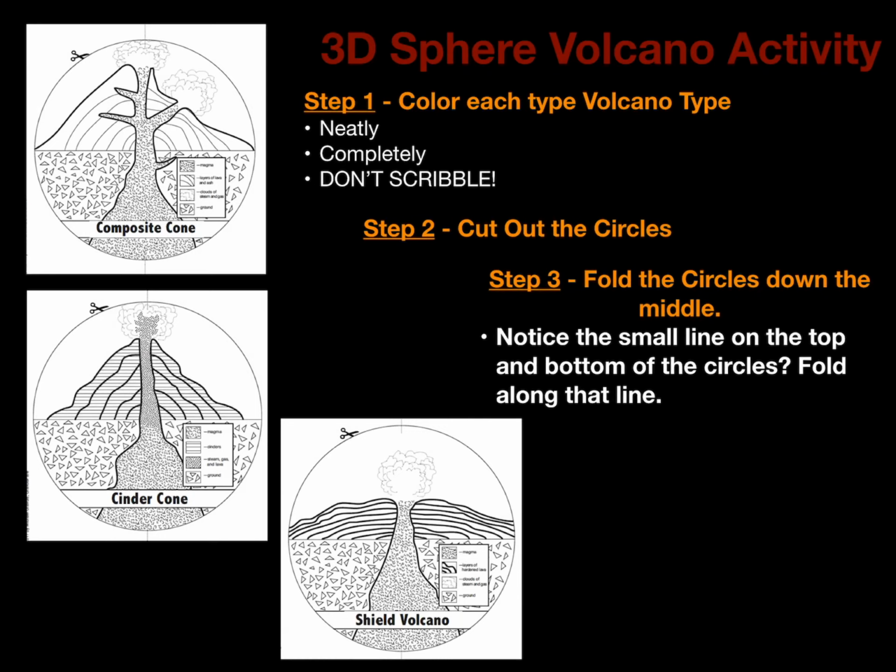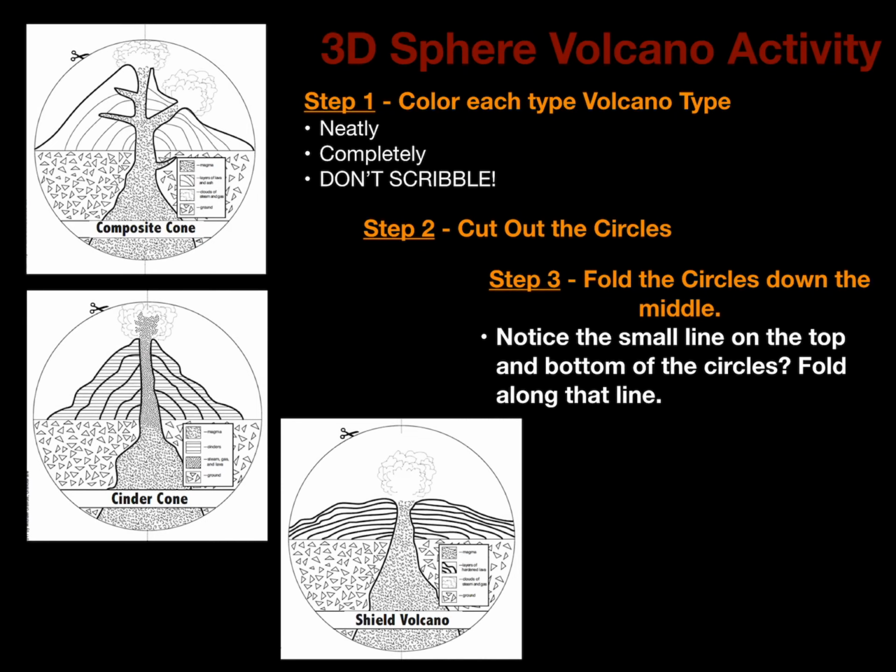The first thing you're going to do is you're going to take all 3 of these pictures. Step 1, you're going to color each type. You're going to color it neatly. You're going to color it completely. And you're not going to scribble on it. The second step is to cut out the circles where you can see the scissor icon, and you're going to just follow that line and cut around it. And then step 3, you're going to fold the circles down the middle.